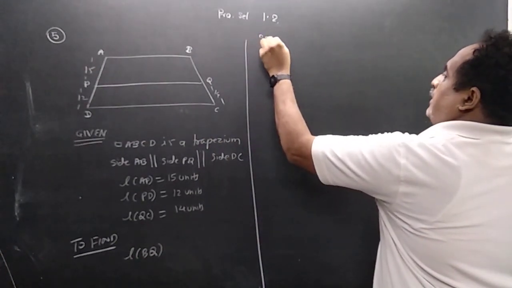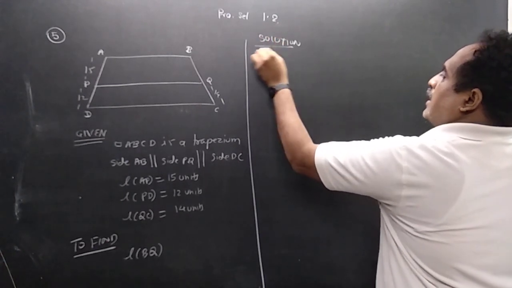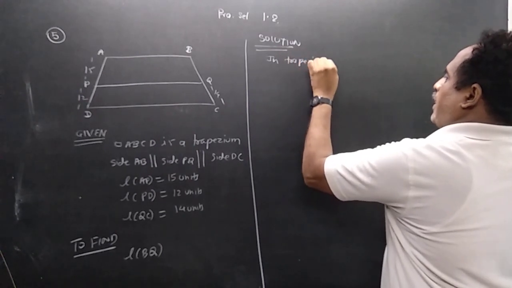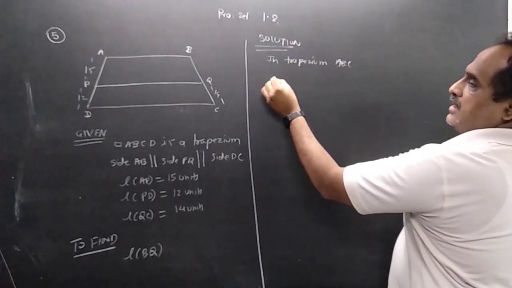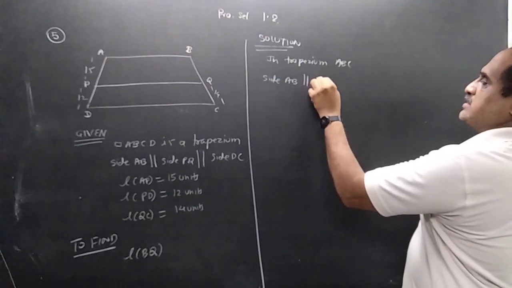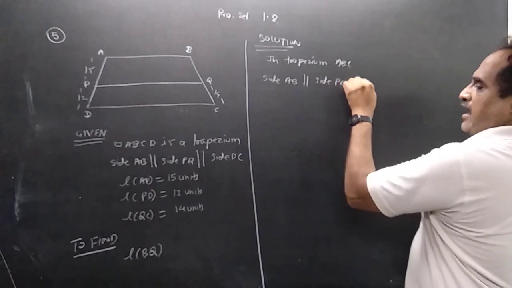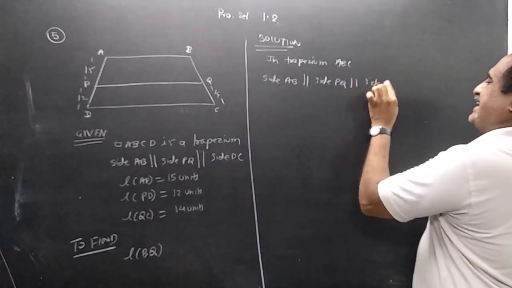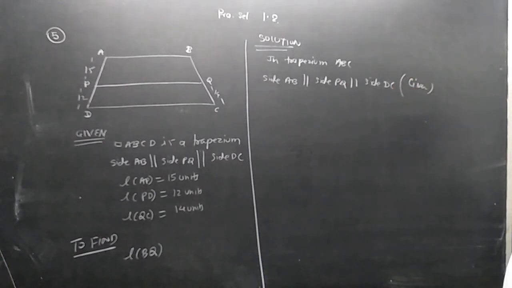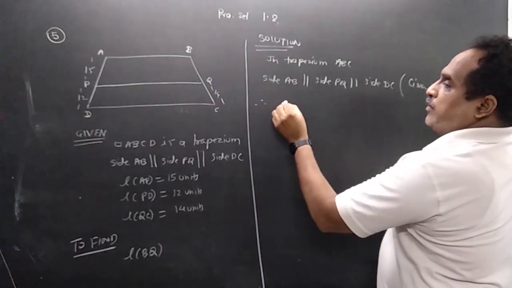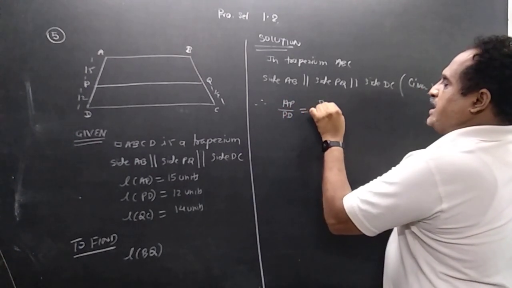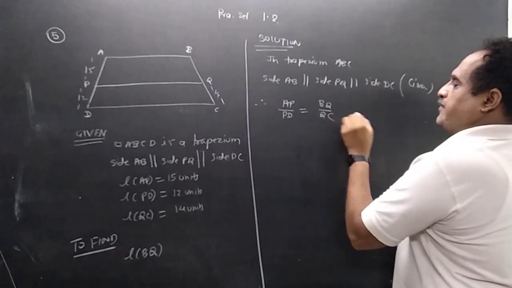The solution. In trapezium ABCD, side AB is parallel to side PQ is parallel to side DC. This one is given. So we are going to apply directly the property AP upon PD is equal to BQ upon QC.